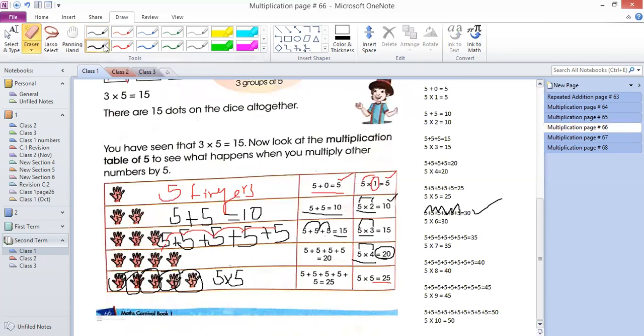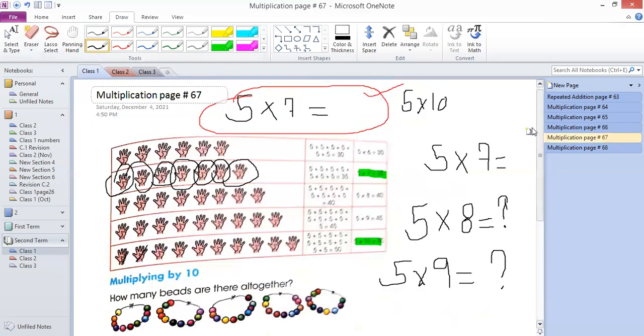If you don't know, then you will have to add 5 7 times. 10, then plus 5 15, plus 5 20, plus 5 25, plus 5 30, plus 5 35. So 7 times 5 is equal to 35. So 35 is the answer. In this group, there are 35 fingers.